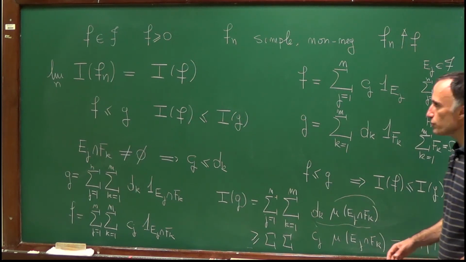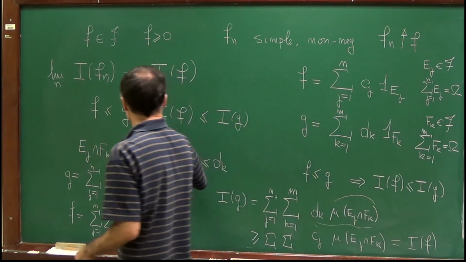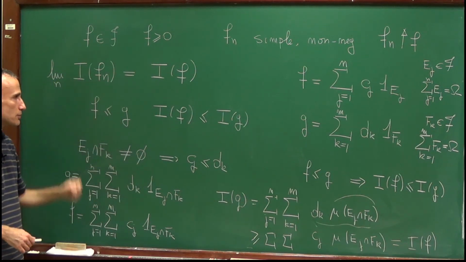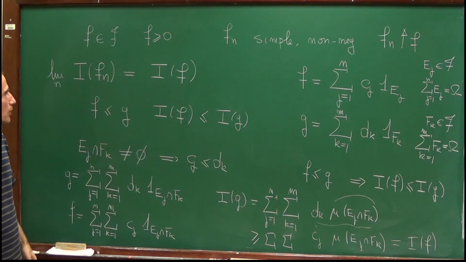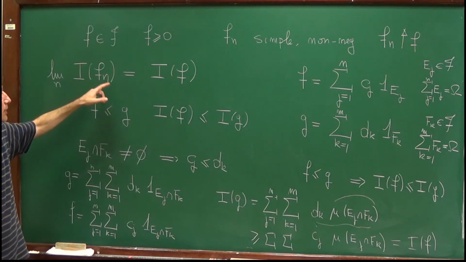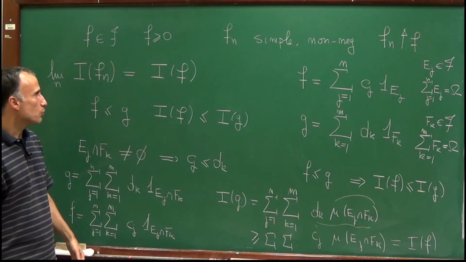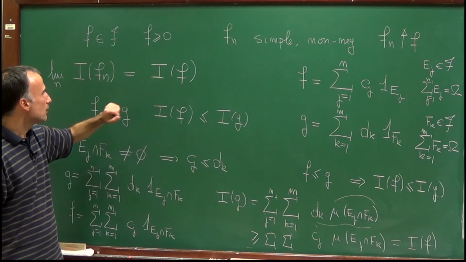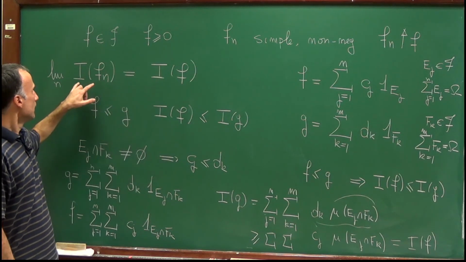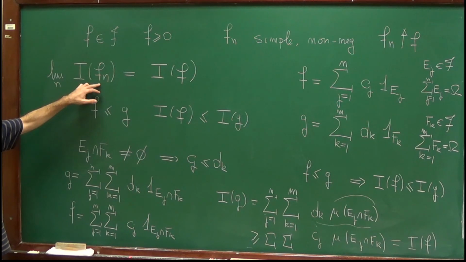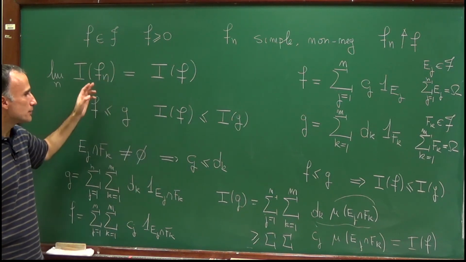So this shows that the integral is monotone if we take non-negative simple functions, and so this sequence is monotone, it has a limit, and now all we need to do is to show that if we take another sequence of simple functions which are non-negative and increase to f, we obtain the same limit.